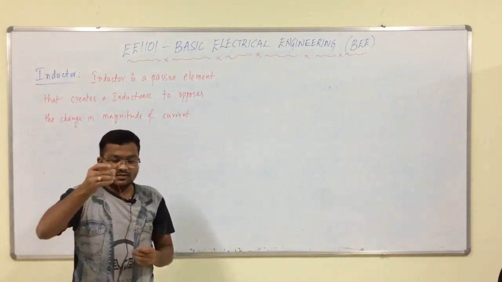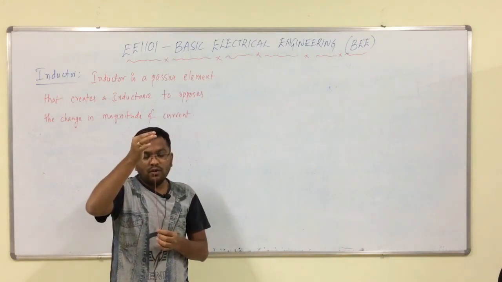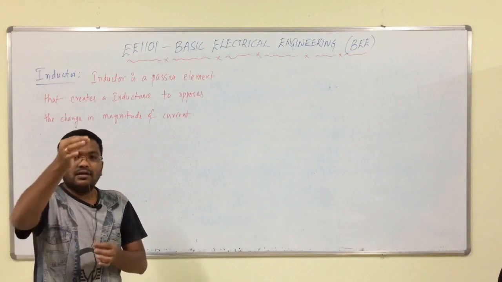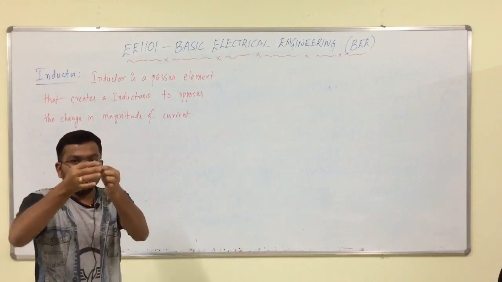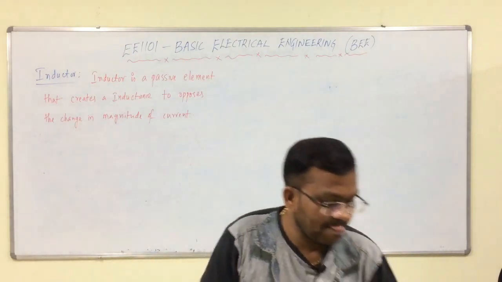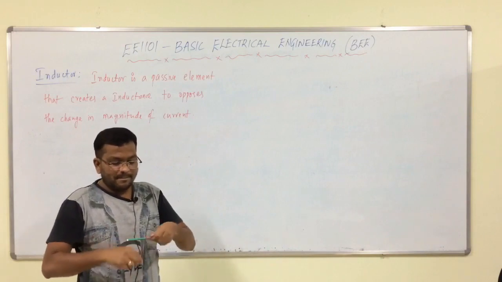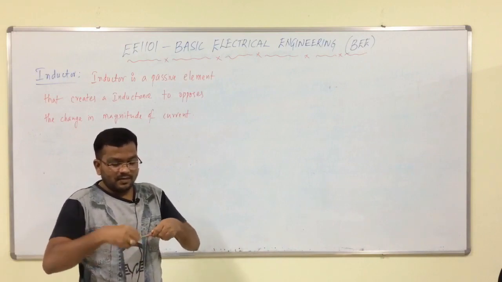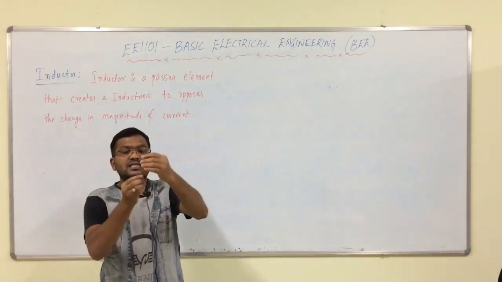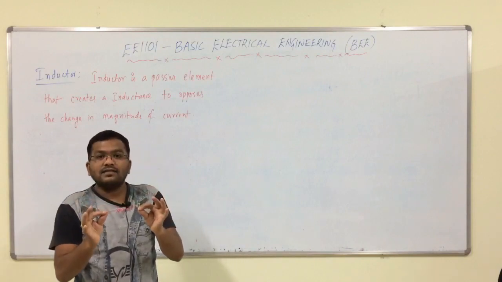I have this wire, a simple straight conductor. How can we make it into an inductor? Simply we twist this wire, and we get an inductor. So, if we twist it like this, we get an inductor like this.